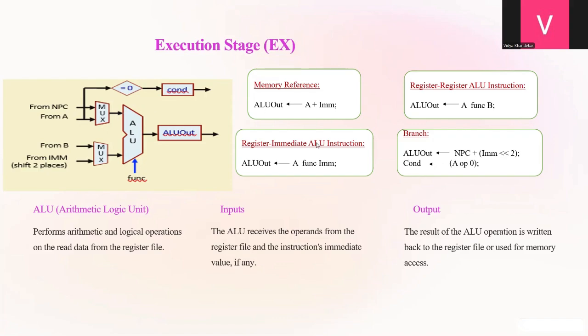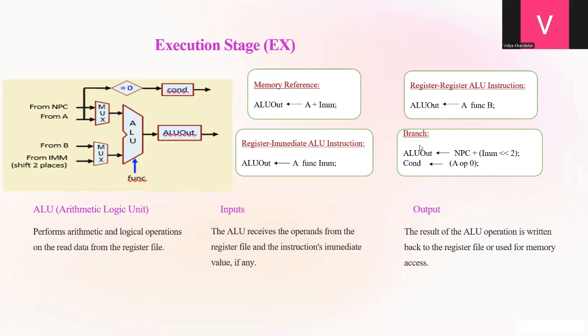Similarly, for register-immediate, A will go from one mux and the immediate value will go from another mux to the input of the ALU, and the output of the ALU is held in ALUout.